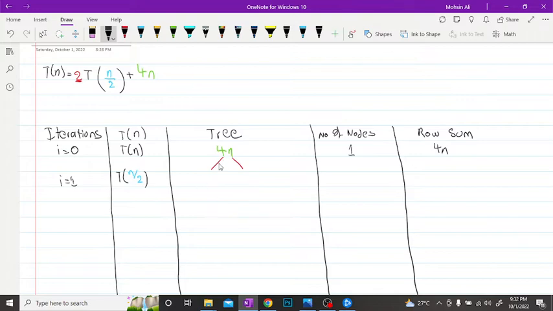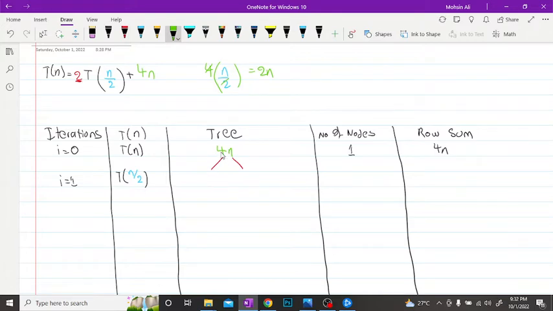And each node in this current level is going to be defined as 4, which is your polynomial written over here, times your divisor. So this is going to be n by 2, and you're going to multiply these two values, and you're going to get 2n.